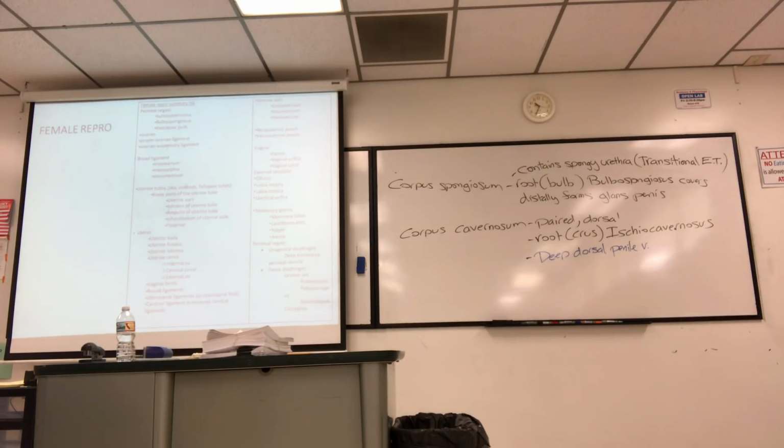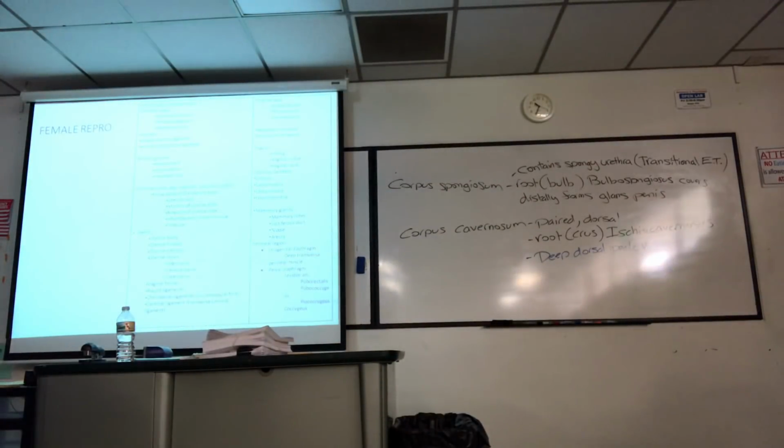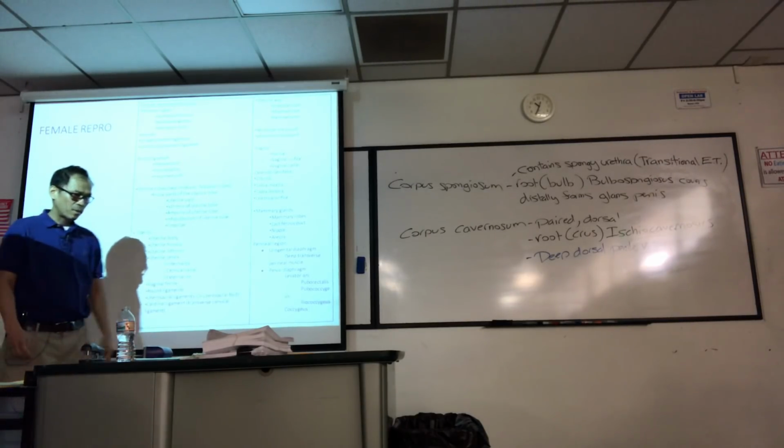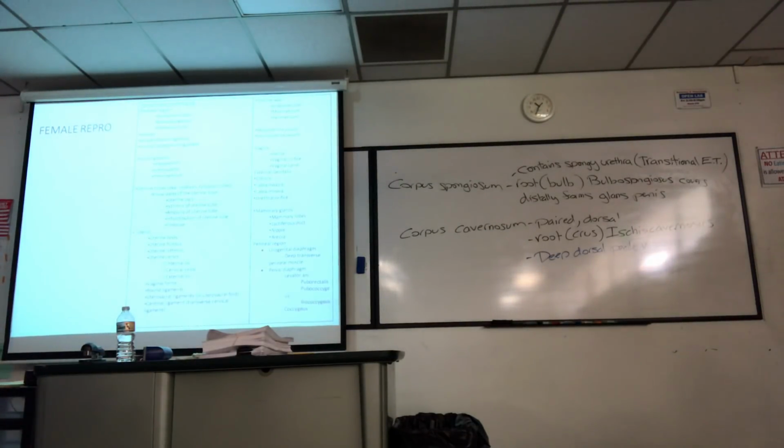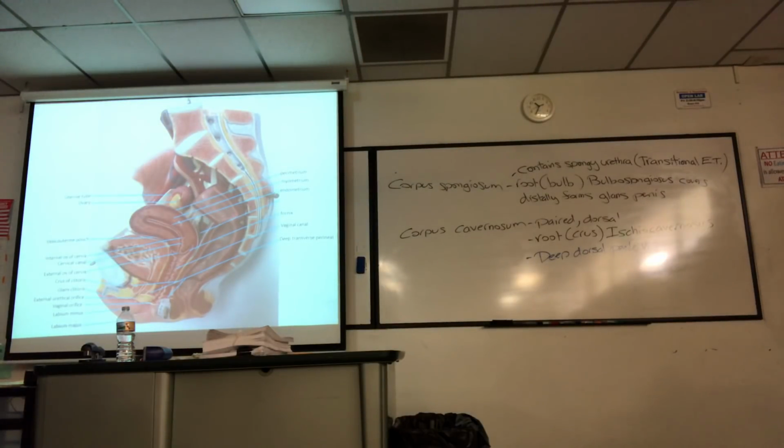I didn't do female yet, but to help you study for your lab practical, I have a lot of models that I test students on. And what I did was I took pictures of our models and I made a list, just all the stuff you got to know. I'll cover it all eventually. So for female, I'll do that next. But what I did in taking the pictures was I just labeled everything.